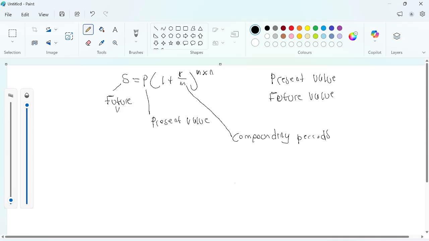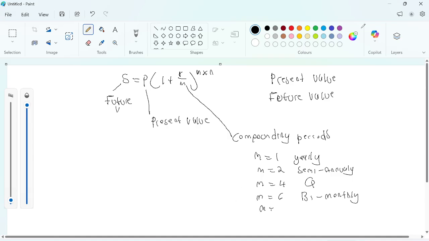The compounding period. And M can be 1, which is yearly. And M can be 2, which is semi-annual. And then M can be 4, which is quarterly. M can be 6, which is bimonthly.